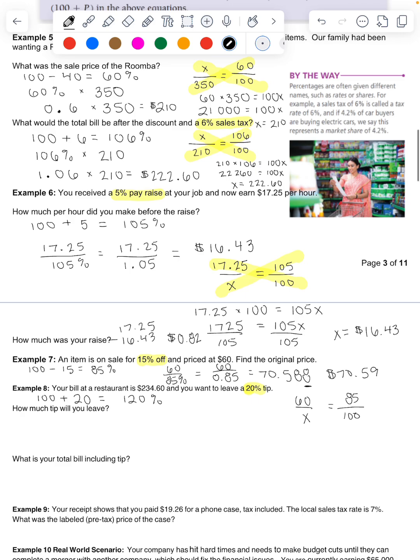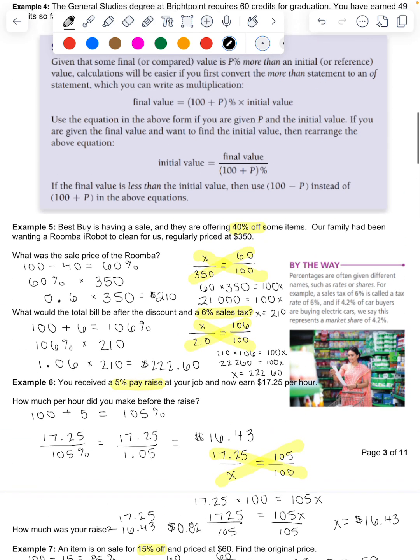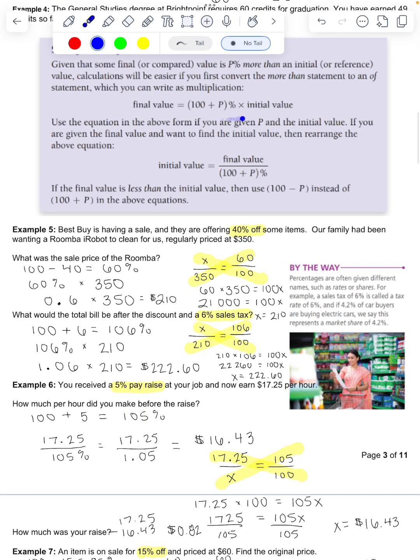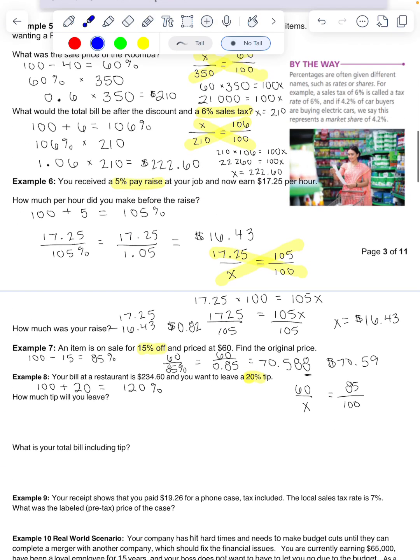So that's my initial value. I want to find the final value. So I'm going to be using this formula. So I'm going to do 120% times the initial value. The initial value is 234.60. Again, I wrote 120%.